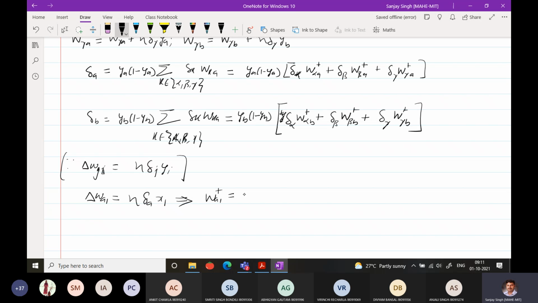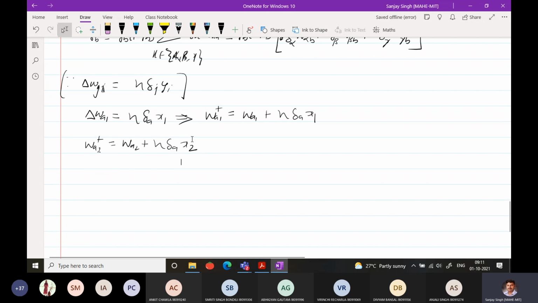WA1 plus equal to WA1, whatever the value at any time instance, plus eta times delta A X1. Likewise, I can write WA2 plus, taking input from the other one, WA2 plus eta times delta A X2, straight away.